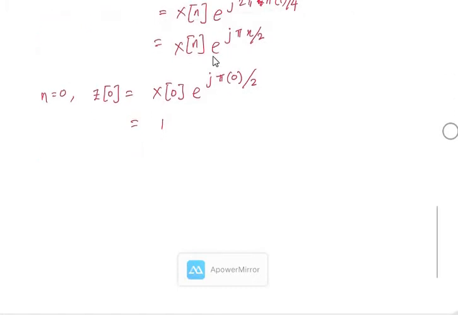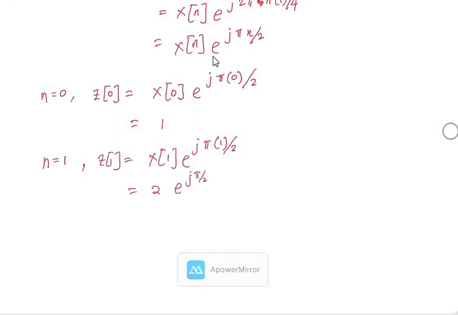And then when n equals 1, z1 equals x1 times e^(jπ·1/2). So x1 from the question is 2, times e^(jπ/2).